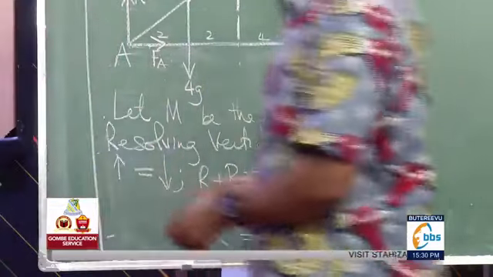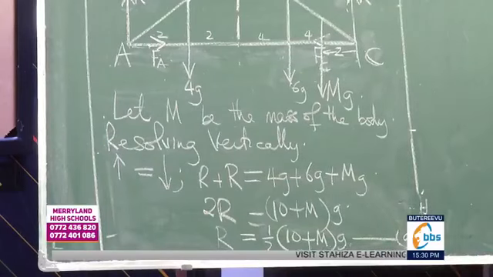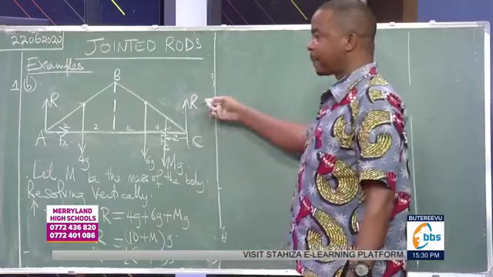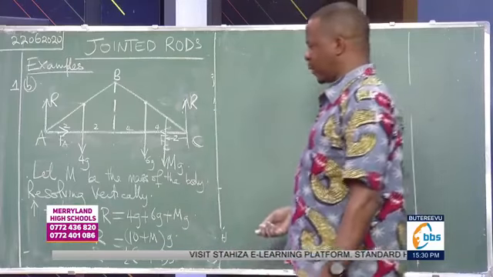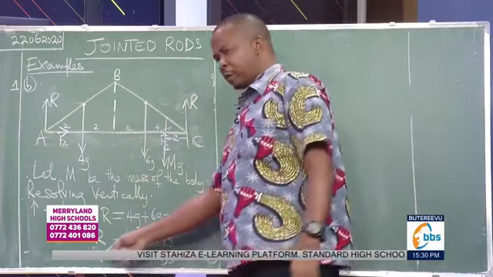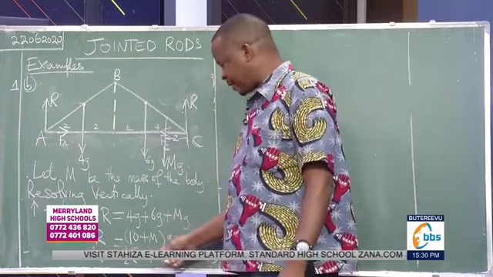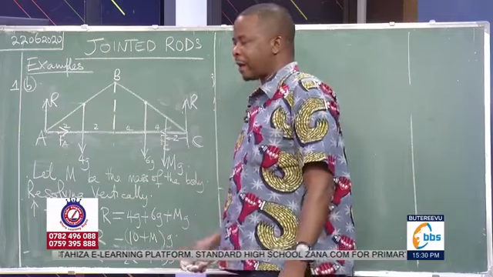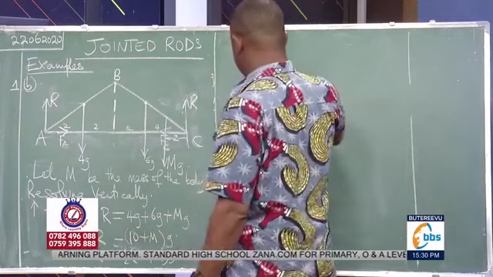Now, as you notice, if we take moments at A again, we expect to find the value of R, and when we put it here, we can find the value of M. That finishes the interpretation.